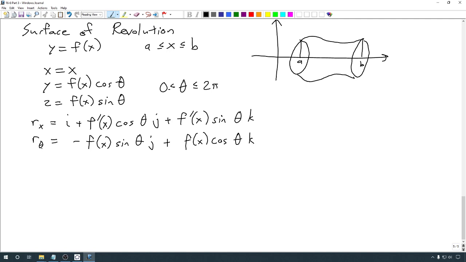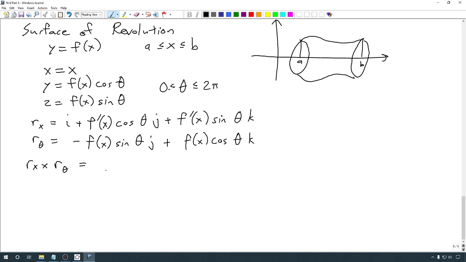Now we need to take the cross product of these, and that's a little bit of work. I'll leave that mostly to you, but there will be some stuff with sines and cosines where you'll have sine squared plus cosine squared equals 1, stuff like that.